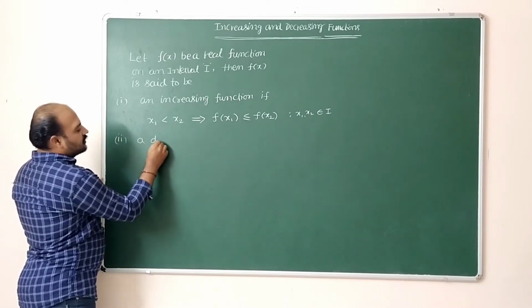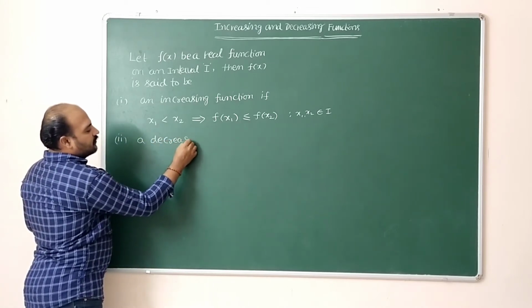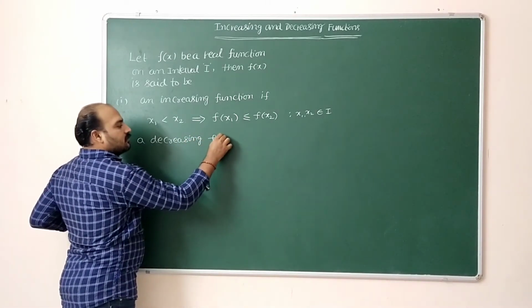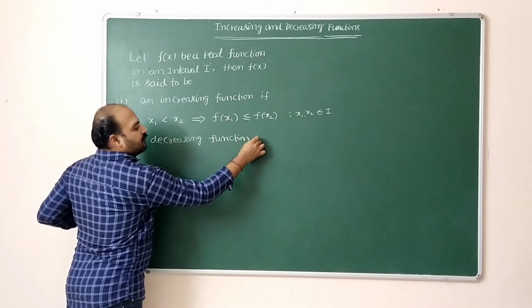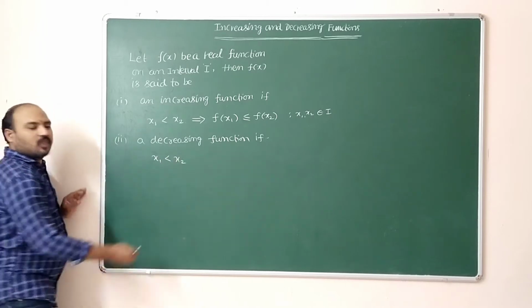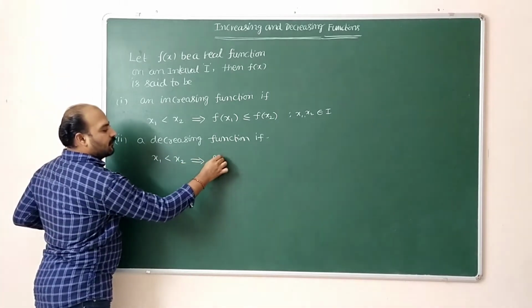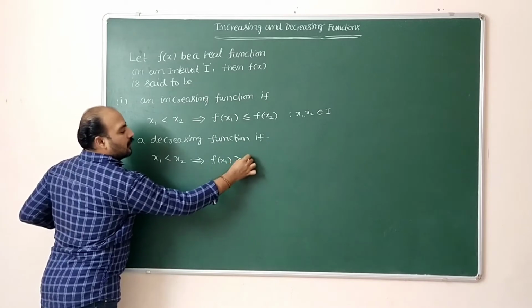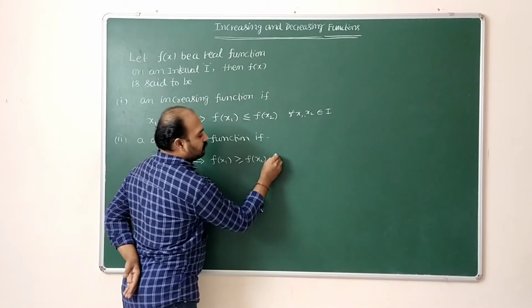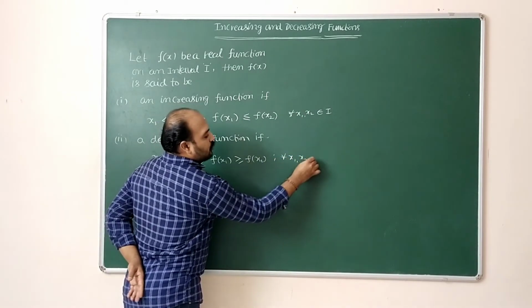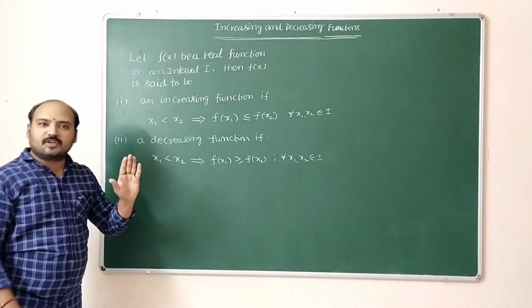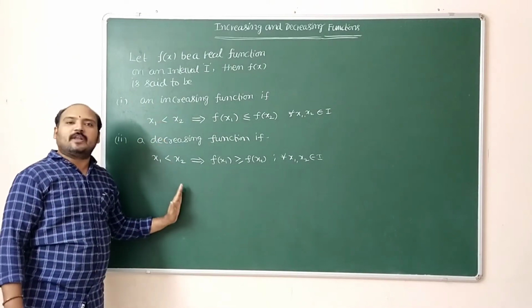A decreasing function, if x1 is less than x2, that implies f of x1 is greater than or equal to f of x2, for all x1 comma x2 belonging to interval I. Like this you have to define that the function is increasing, the function is decreasing.